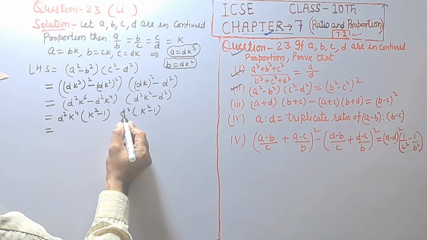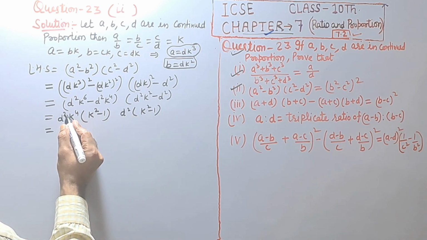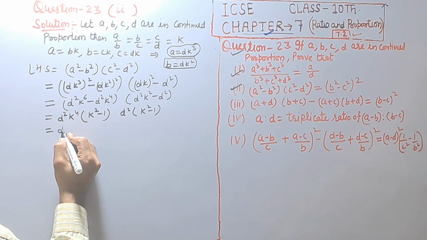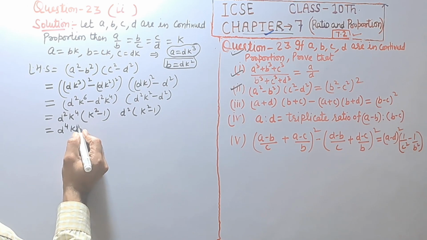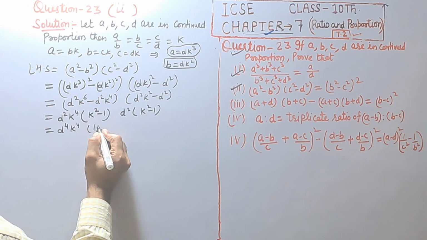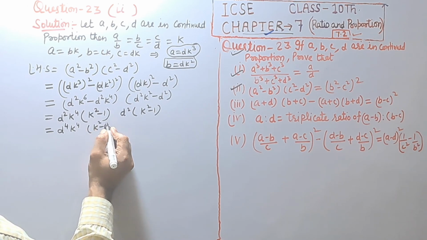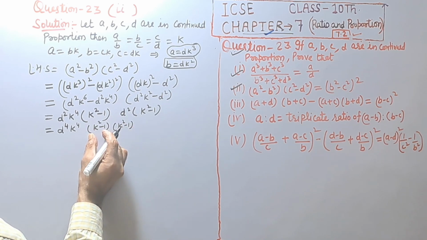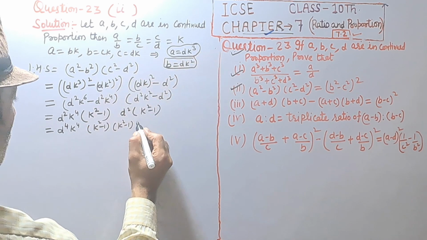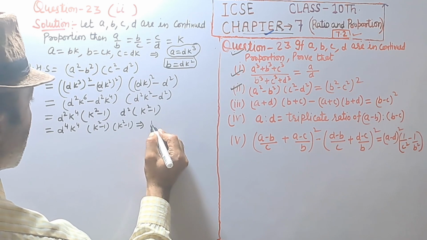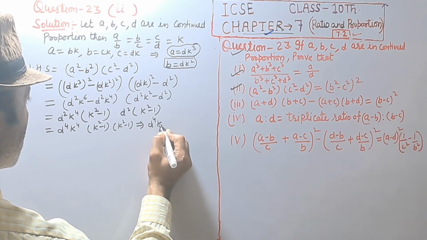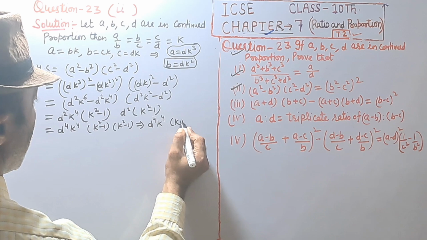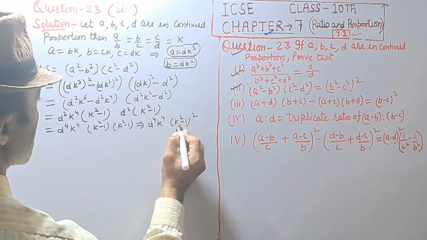This will be d raised to power 2 into d raised to power 2, this will be d raised to power 4 and k raised to power 4, and in bracket k square minus 1 and k square minus 1, this will be k square minus 1 whole raised to power 2, which implies we get d raised to power 4, k raised to power 4 and k square minus 1 whole raised to power 2.